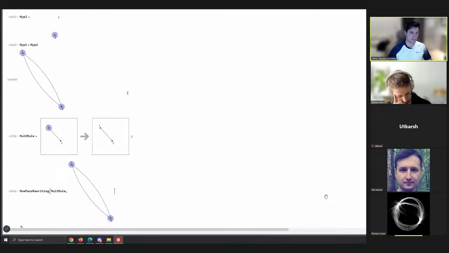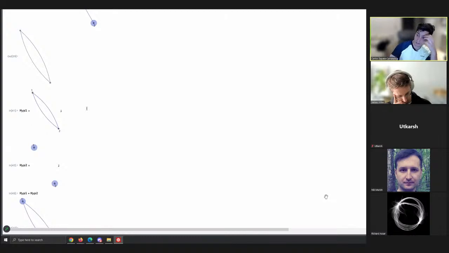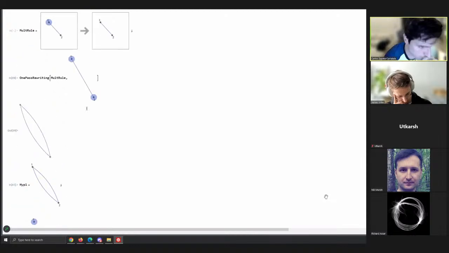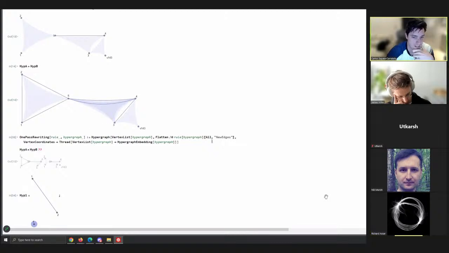I'm just wondering whether it just applied the rule and gave all the outputs of the rule. The one pass. That's why one pass is not working. Yeah, because one pass is functional, actually it's filling out an empty hypergraph.